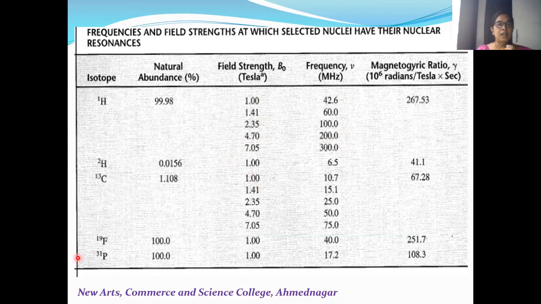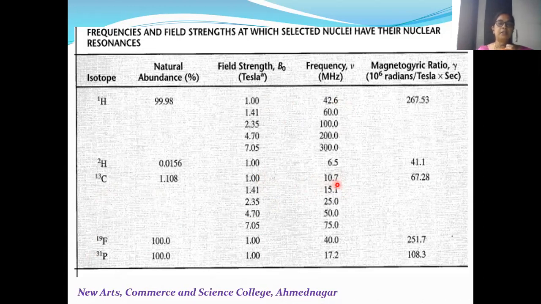Let us take this carbon 13. Carbon 13 also, you are looking at this magnetic field strength 1. Its absorption frequency is 10.7. Now look at the difference. When proton was observed at magnetic field strength 1 Tesla, its absorption frequency is 42.6 megahertz. And when carbon 13 is observed at 1 Tesla, its absorption frequency is 10.7.